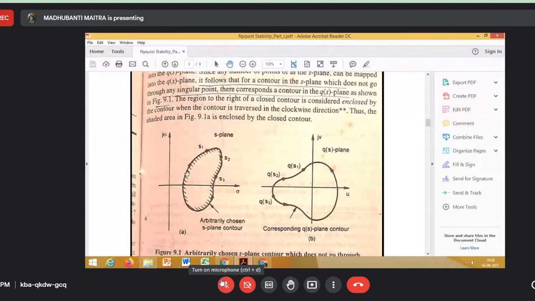If I move along this contour, just follow the cursor. If we move along this contour in this direction, this is our clockwise direction, then this is the region which is lying to the right of this contour.